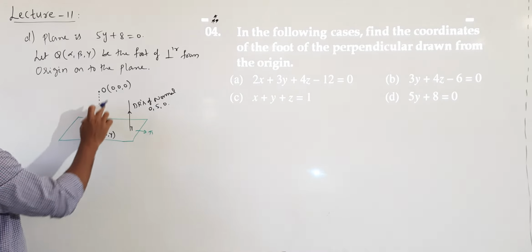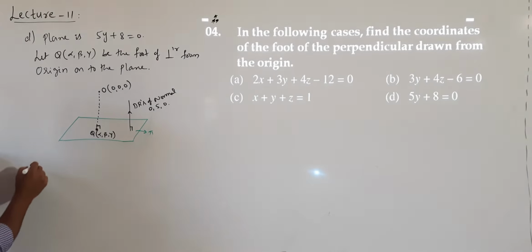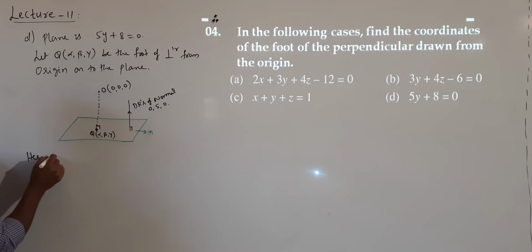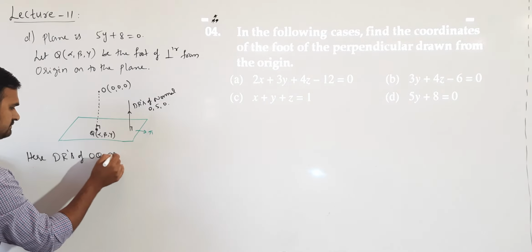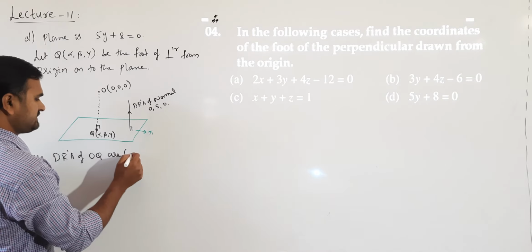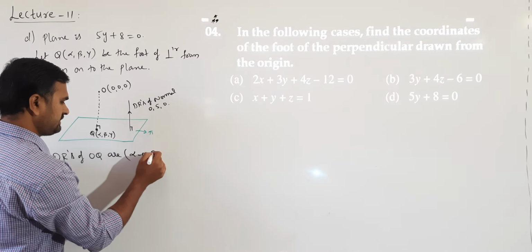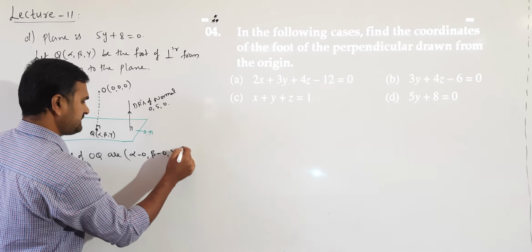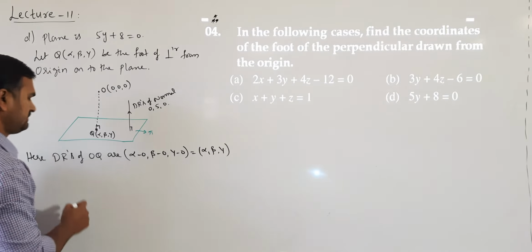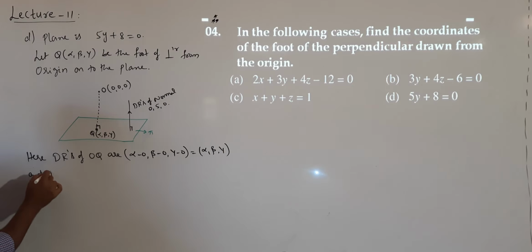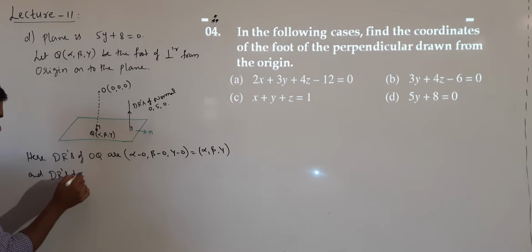So we can find the drs of OQ here. What are the drs of OQ? Alpha minus 0, beta minus 0, gamma minus 0, so it is alpha, beta, gamma. Next, the drs of the normal to the plane.